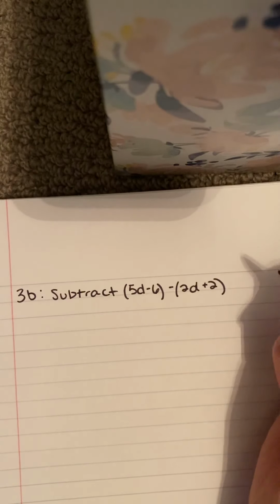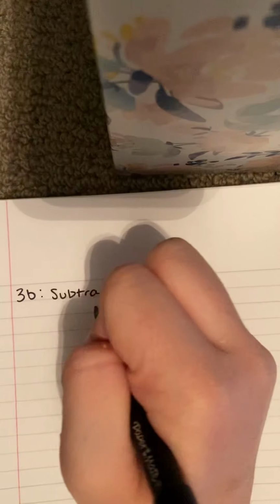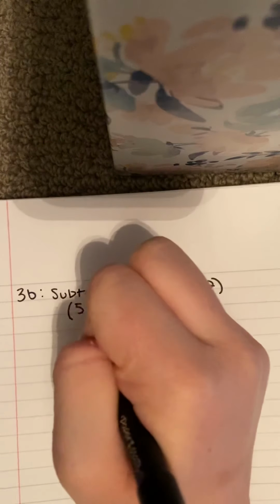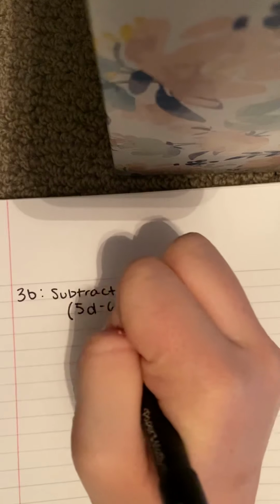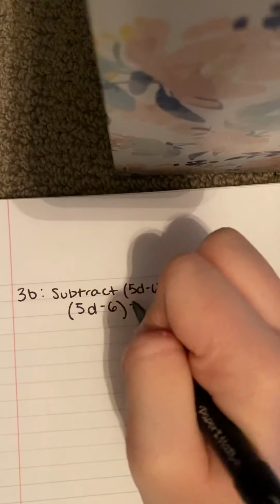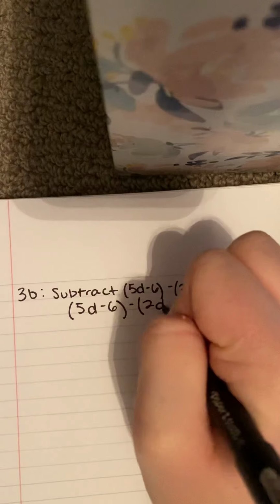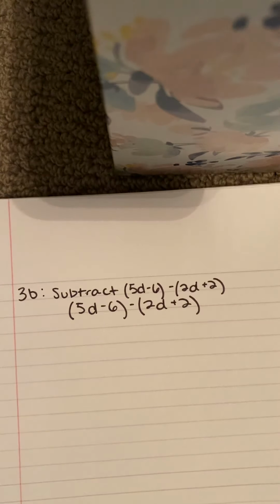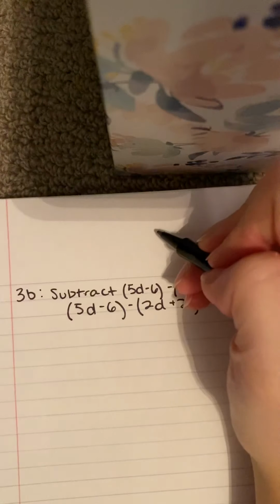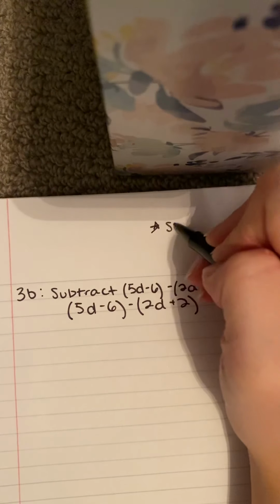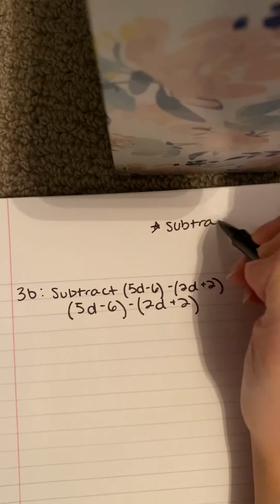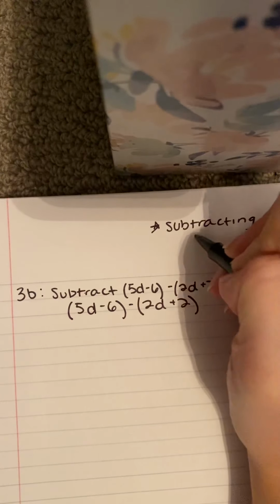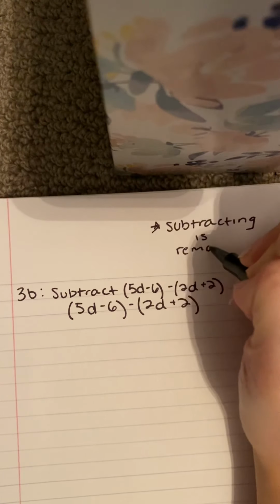So another way of writing this would just be 5d minus 6 minus 2d plus 2. They're just telling you that subtract is this, and subtracting is removing. So that's important to remember. So I'm going to write that right up here. Subtracting is removing.